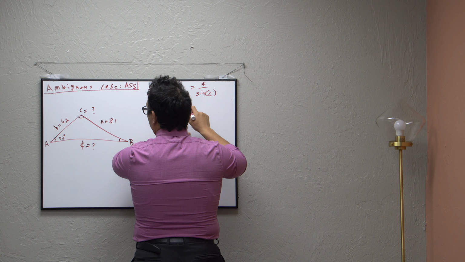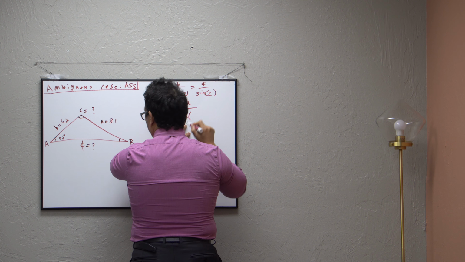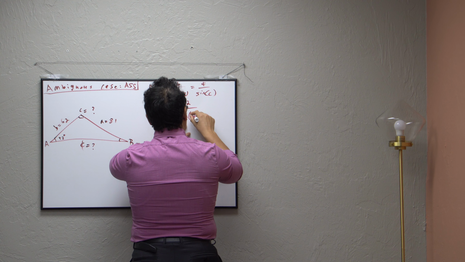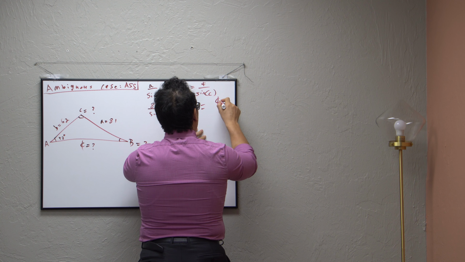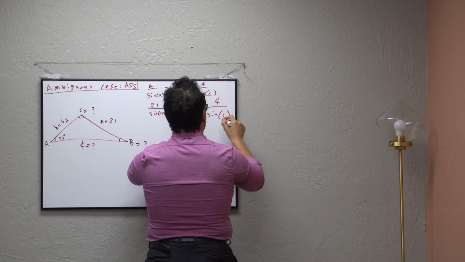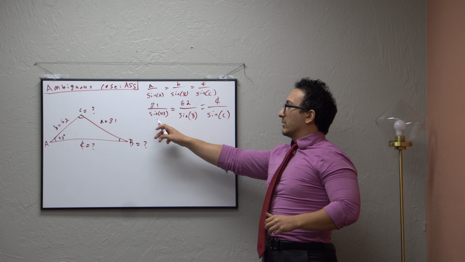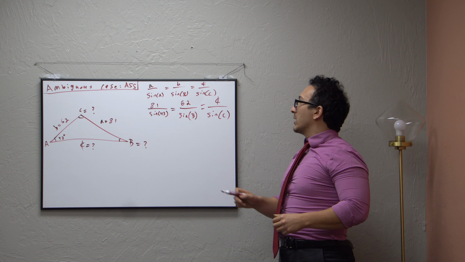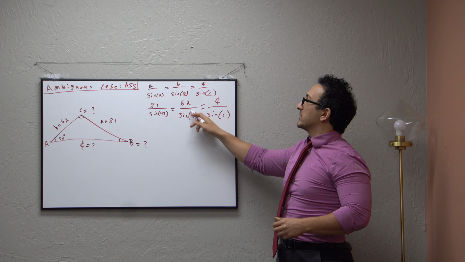That's equivalent to little b, which is 62, divided by sine of capital B, we don't know it yet, and that's equal to little c, unknown, all divided by sine of capital C, we don't know it yet. So notice that we clearly know this ratio, and there are 2 unknowns in this expression, but one unknown in this expression.